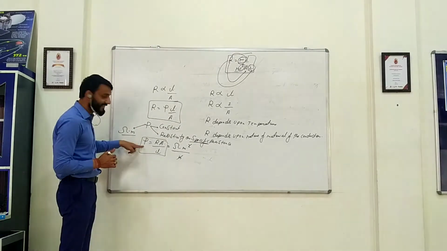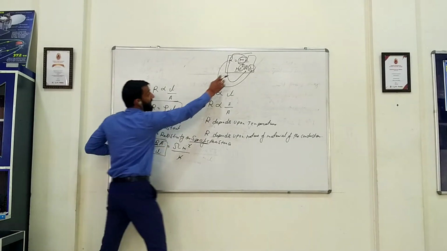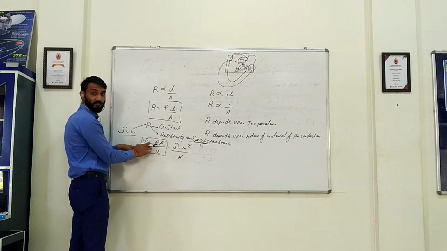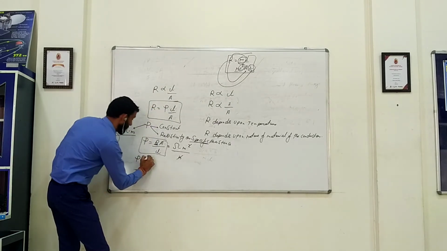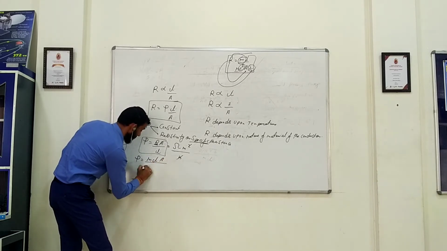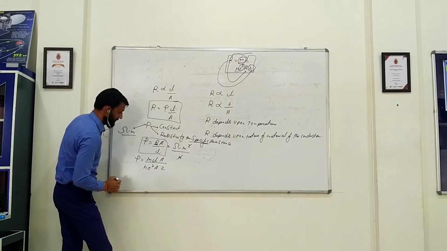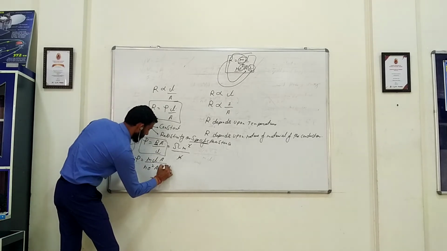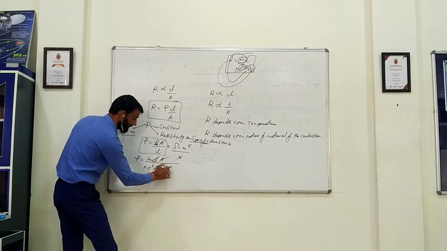One more formula I can make for this rho. If I put the formula of R here, in place of R what can I write? m L A upon n e square A tau. And then this L is there. So if you see, A goes off, L goes off.